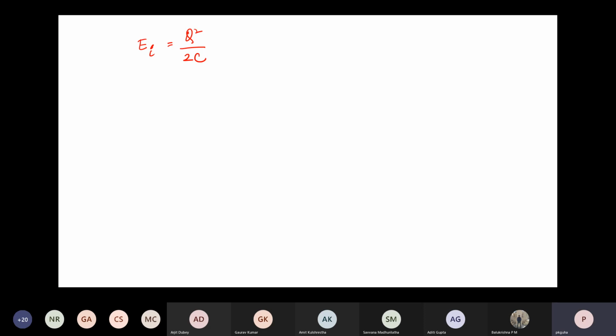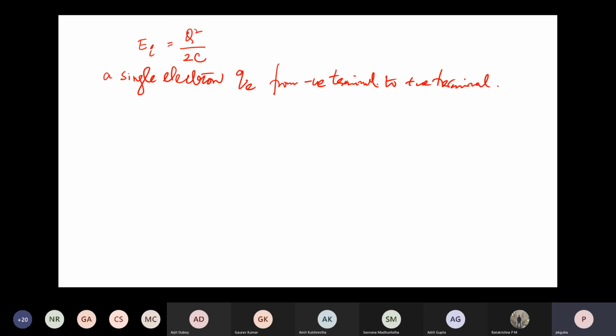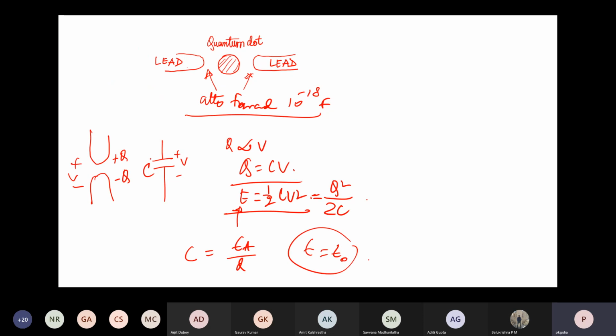Now suppose a single electron of charge Q_E tunnels through the insulating layer from the negative terminal to the positive terminal, such that the top plate, which we are assuming positive, gets the electron.